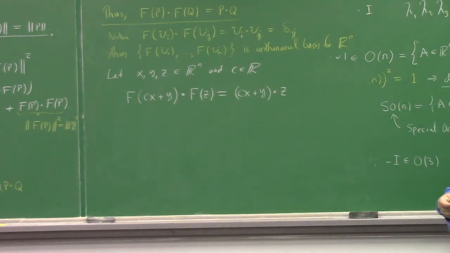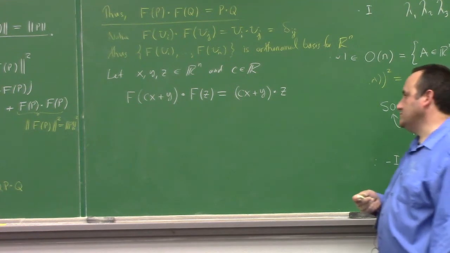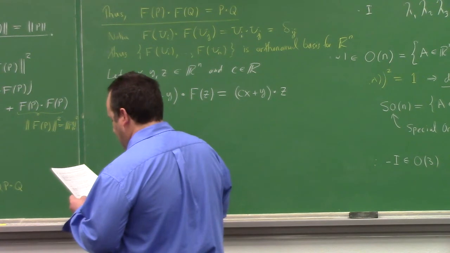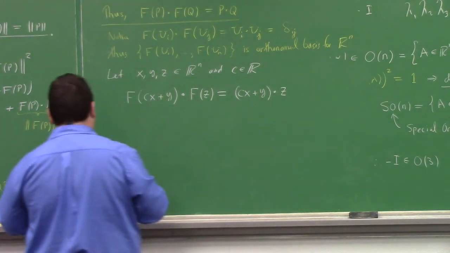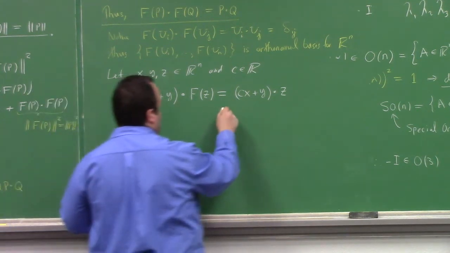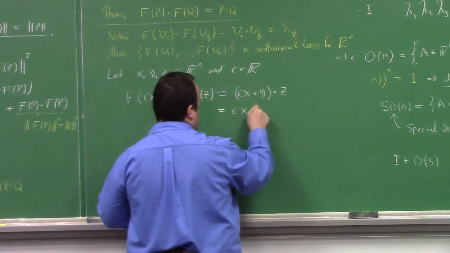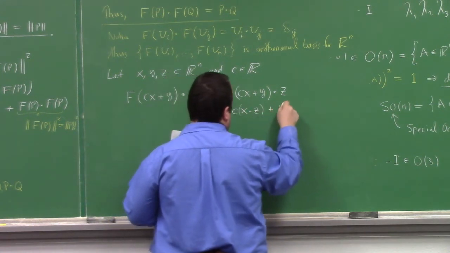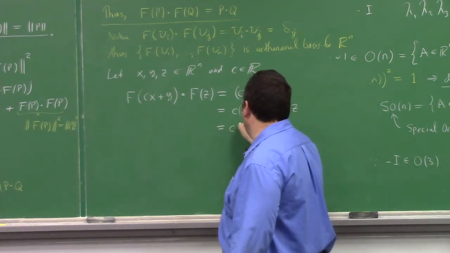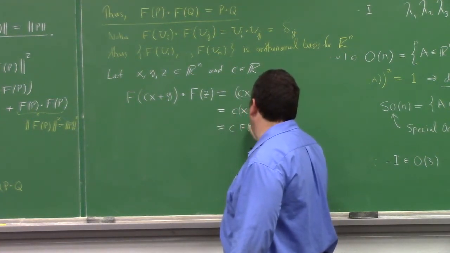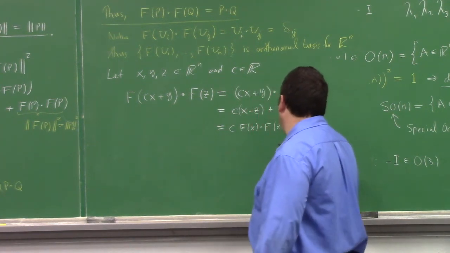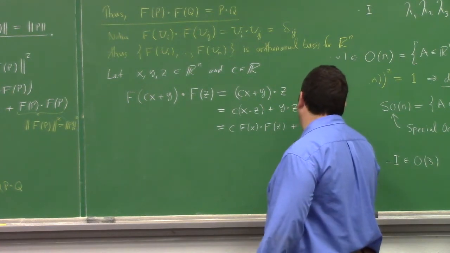By the identity that we have. But this, of course, is c times x dot z plus y dot z by properties of the dot product in Rn. And working back, that's c f of x dot f of z plus f of y dot f of z.